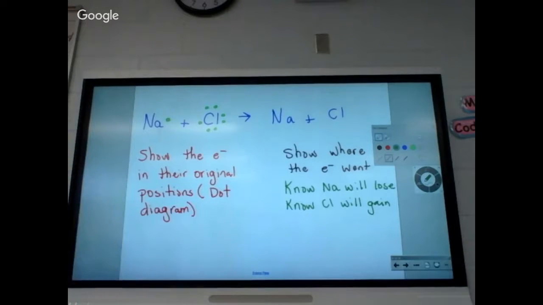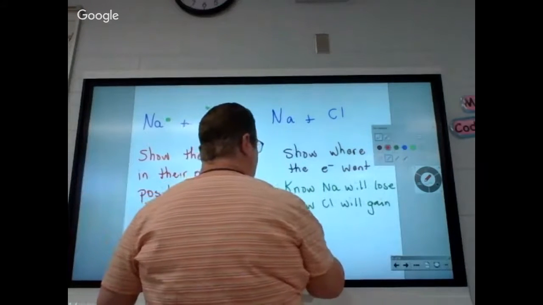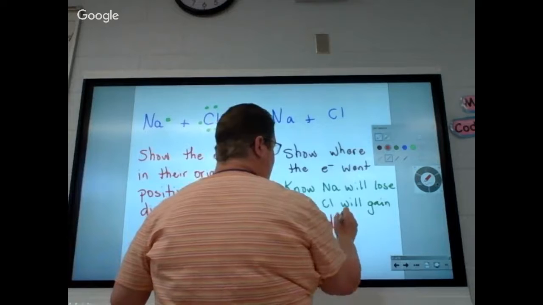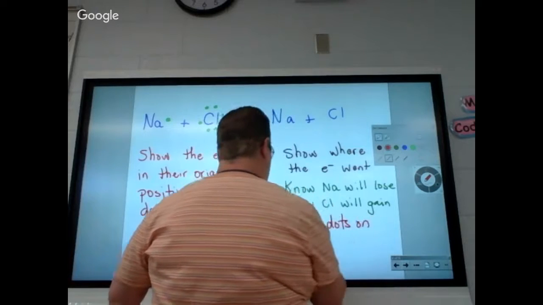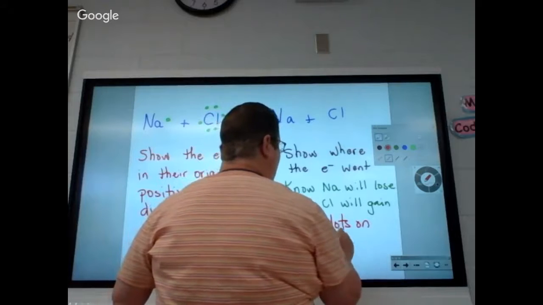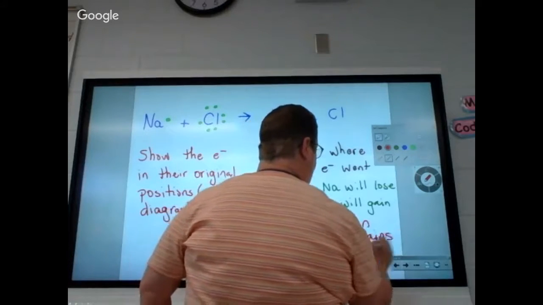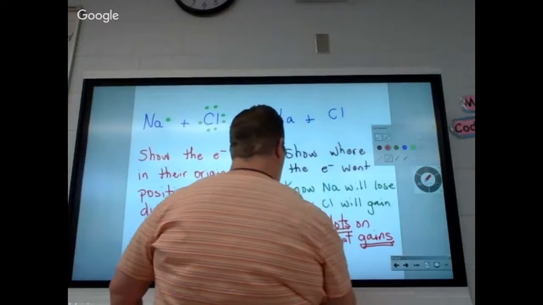Draw all the dots on Cl is correct. Okay? So we draw dots on the element that gains only.